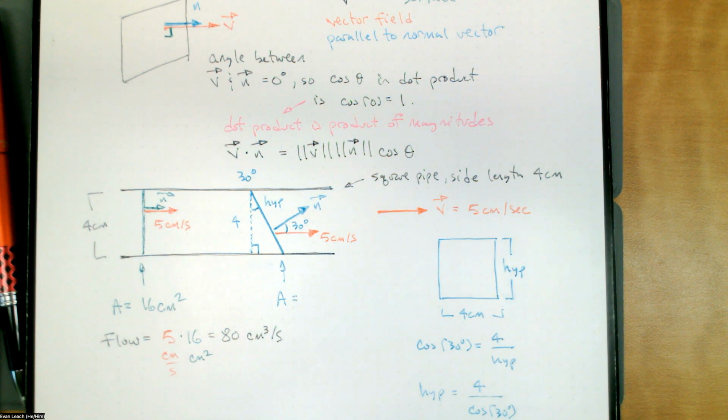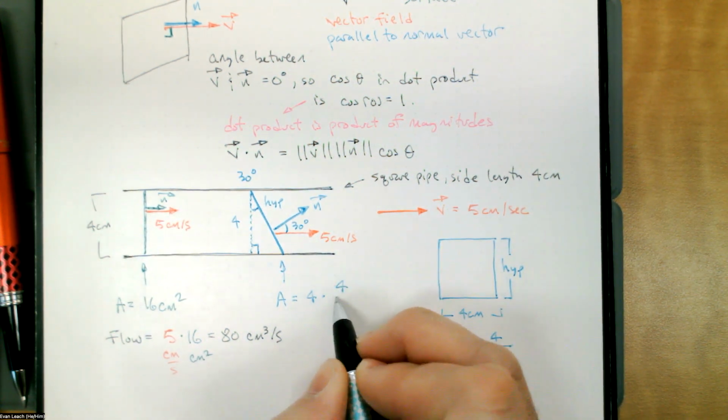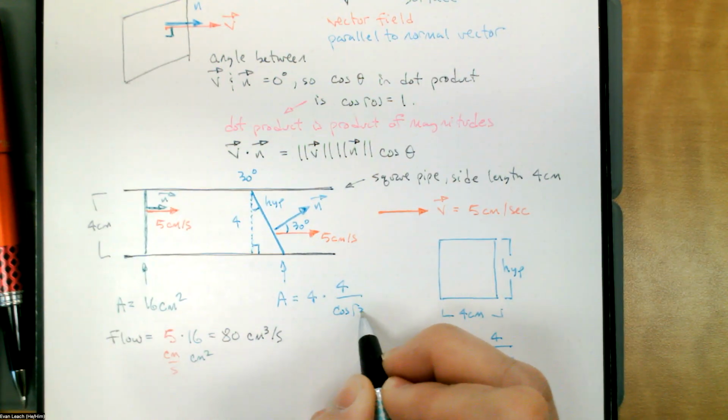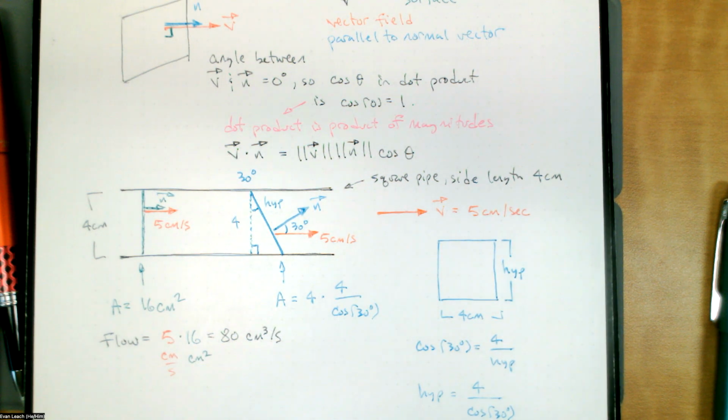So the area is the hypotenuse multiplied by the width. So it's 4 times 4 divided by cosine of 30. So good question. How did I get square root of 20? I did things wrong.